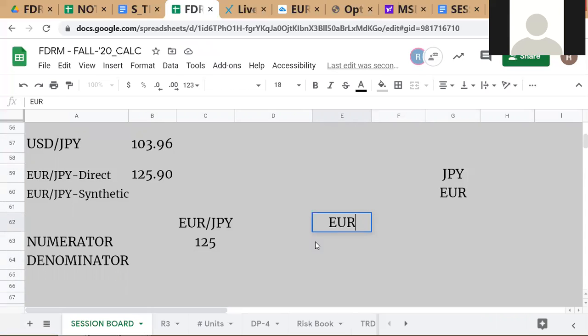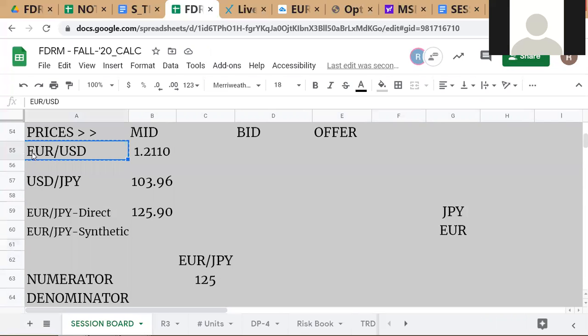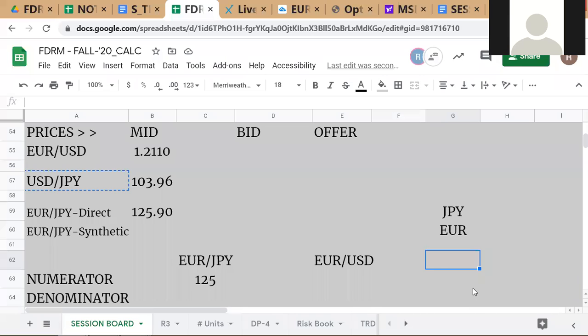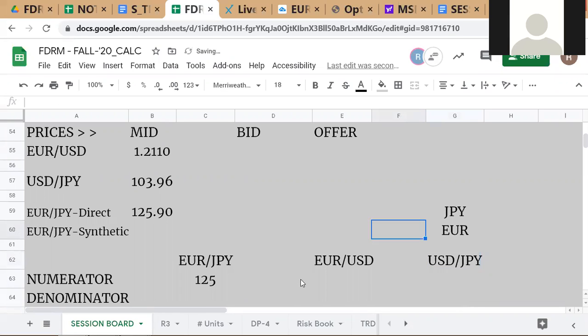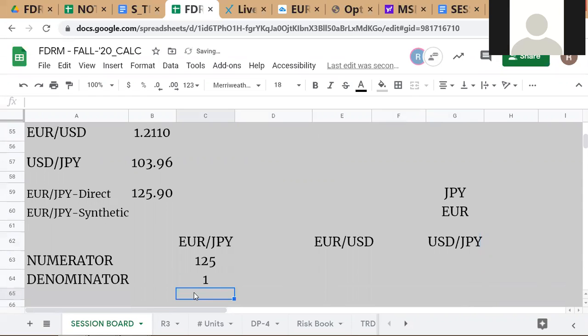We can copy this from here. Leave out a little bit and put this here. Now, numerator, denominator. Euro yen, and this is obviously 1. Everything here will be 1.